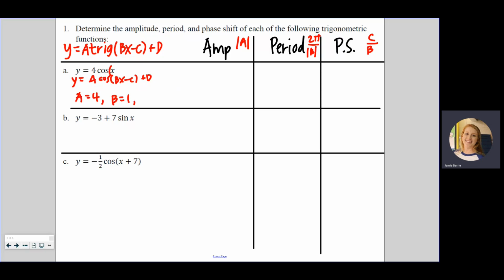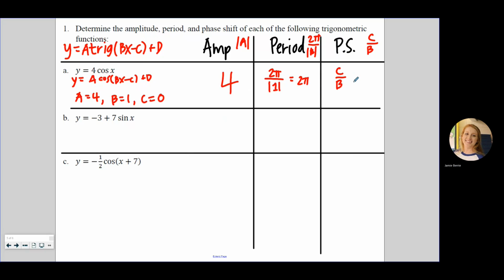There's nothing being subtracted there. So c would be 0. So amplitude, absolute value of a would just be 4. Period, 2 pi over b, that would be 2 pi over the absolute value of 1, which is just 2 pi. And then phase shift, c over b. We'll go ahead and plug in a number. c over b, that's 0 over 1, which is 0.